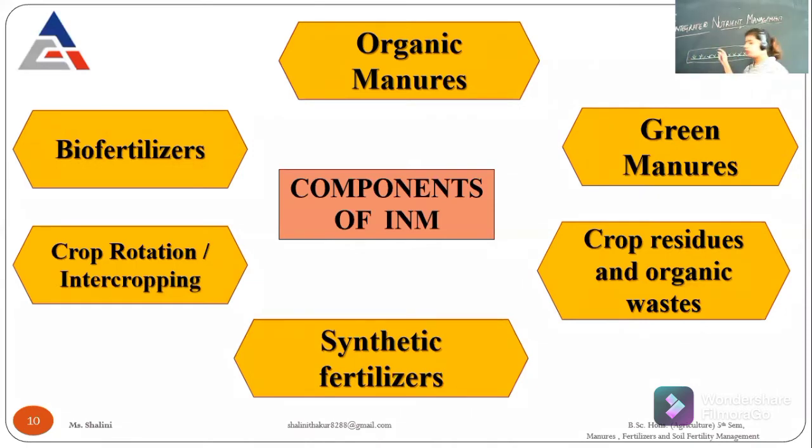Then, before sowing, we do seed drilling using a drill machine, or we use a cultivator, so that the residue is incorporated into the soil surface. This is crop residue management, or the organic waste which we incorporate into our main field.